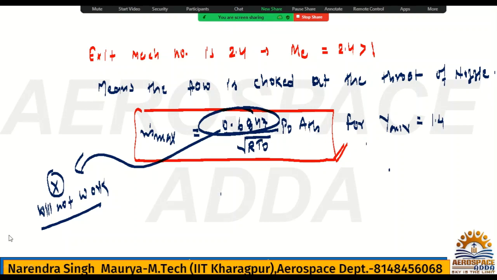For this reason I am saying this formula will not be used, because the constant 0.6487 was for gamma of air equal to 1.4, but in the problem they have given gamma equal to 1.2, so this formula will not work. We made a mistake, now we'll correct it.